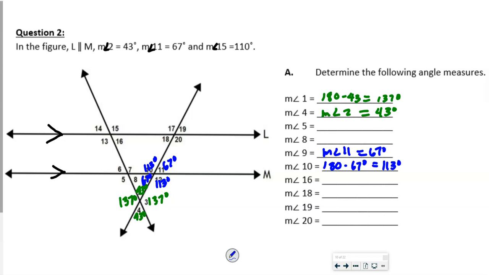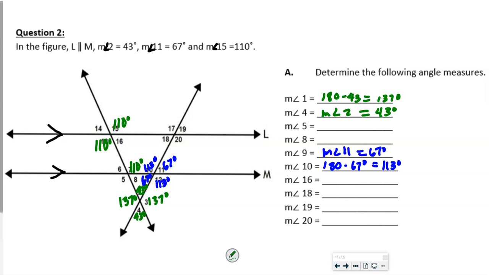Then we're given the measure of angle 15 is 110 degrees. So if 15 is 110, then 13 is 110, and those are vertical angles. And then we should know that 7 is 110 because it's a corresponding angle to angle 15.